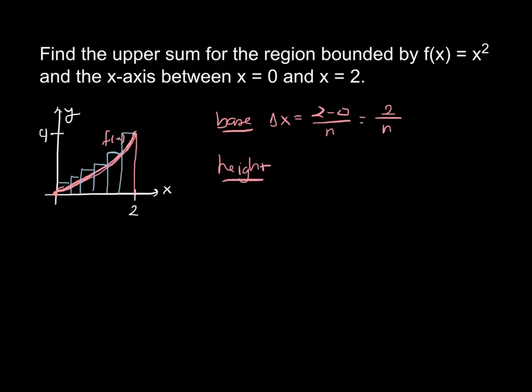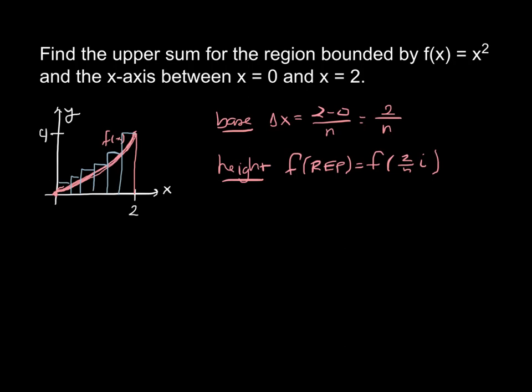Now for the height, we know that we're using a right endpoint, so we need to find f of the right endpoint, which would be f of delta x i plus a, and a in this case is 0.